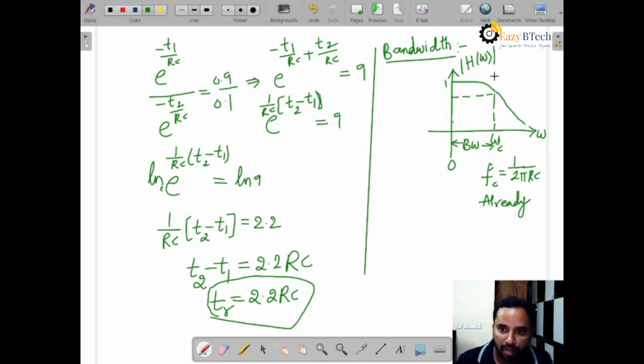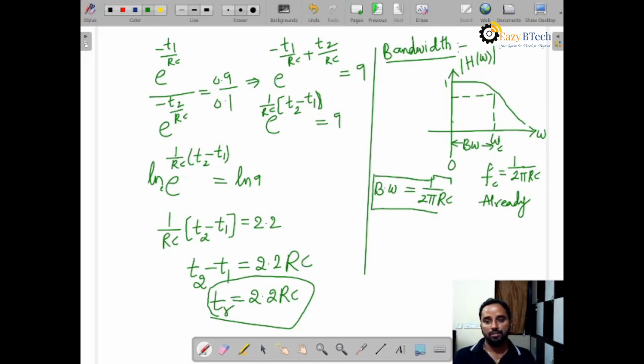So now the bandwidth of the system is 1 by 2 pi RC. And we know rise time and we know bandwidth. By seeing these two, we are going to write the relation.